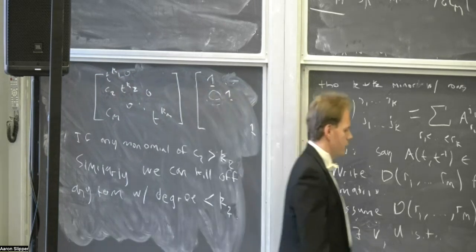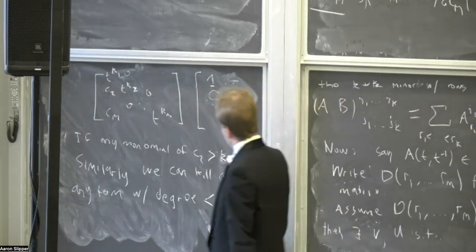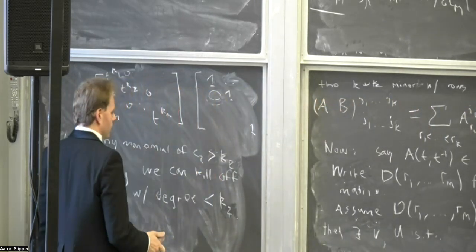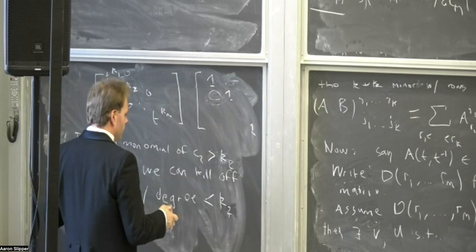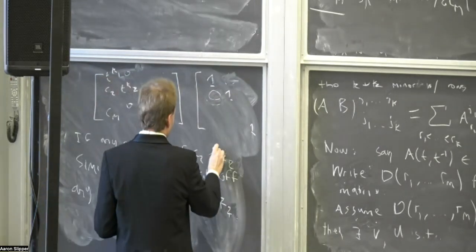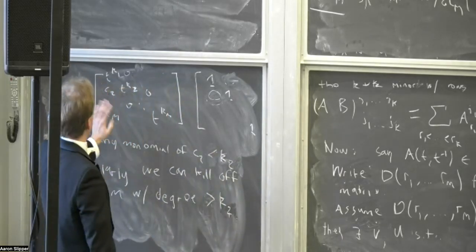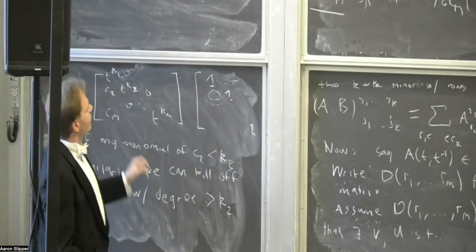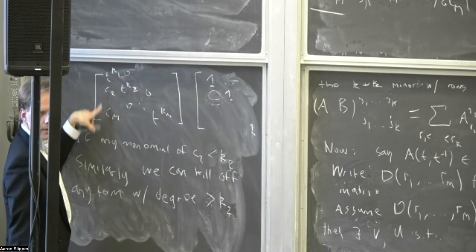So we can assume that these are monomials that are purely, and I think I did invert these. I can kill off any terms that are less and terms that are bigger. One has to be a little bit careful to make sure that one isn't talking nonsense, as one can get very confused in this. But yeah, so one can basically bound the degrees of each monomial inside the Ci's.